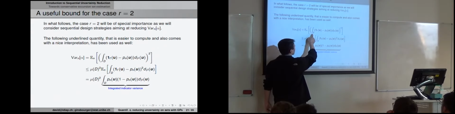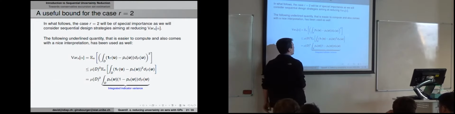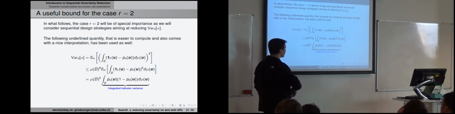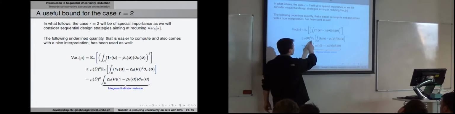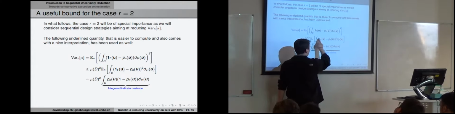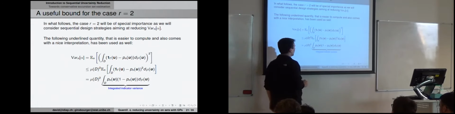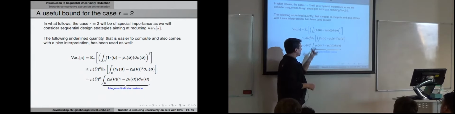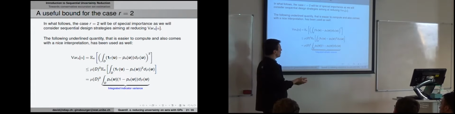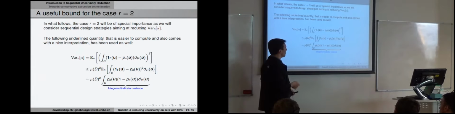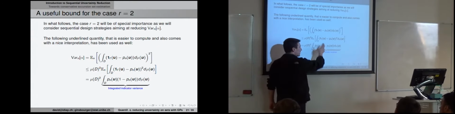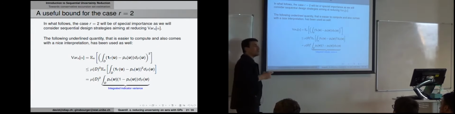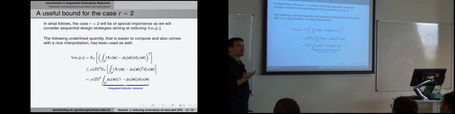By Cauchy-Schwarz, you can work out the following bound: the variance of the volume is bounded by the square of the measure of the domain, which is something we don't really care about here, times the expectation of the following integral. If you take the expectation inside, you end up with the function p, the probability of being in excursion, times 1 minus p. And p times 1 minus p, if you remember Bernoulli random variables, is the variance of a Bernoulli.